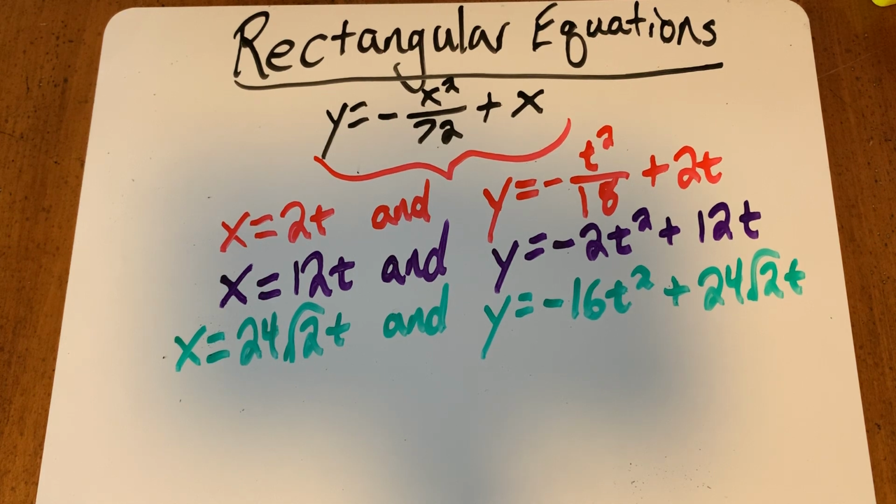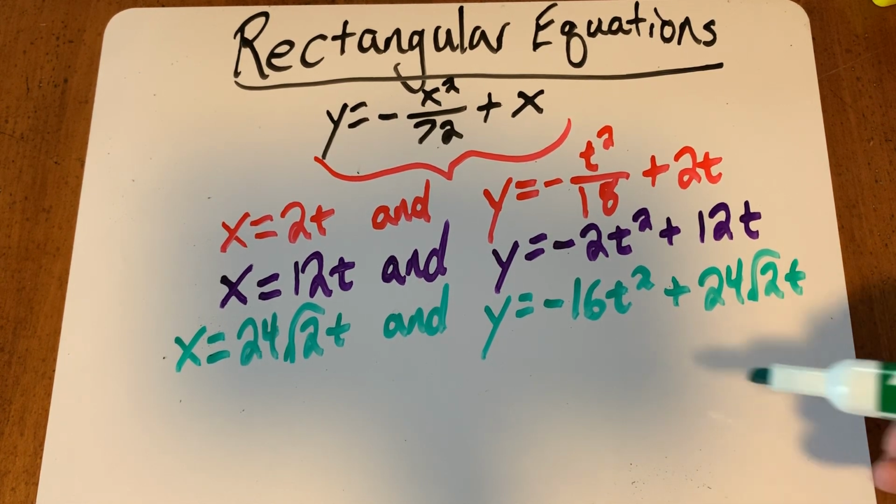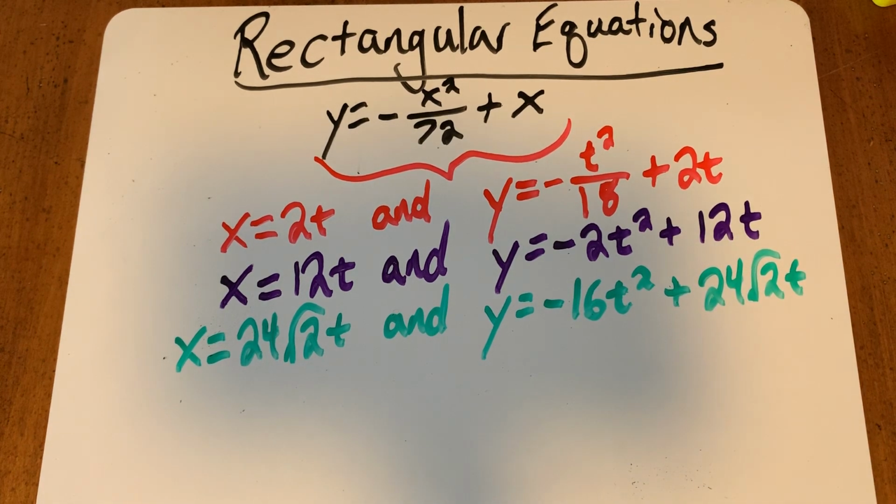Now, last video we talked about something called gravity, and I hope you guys were familiar with it. But gravity in terms of feet per second squared is negative 32 feet per second squared. That's half of that.